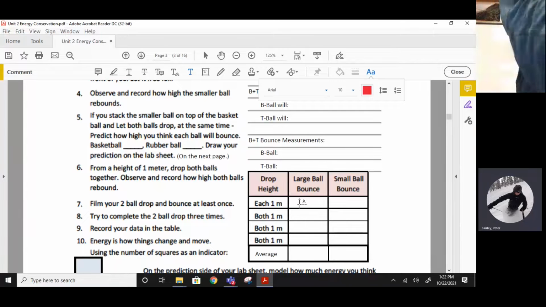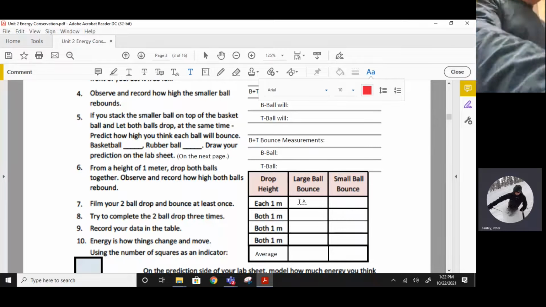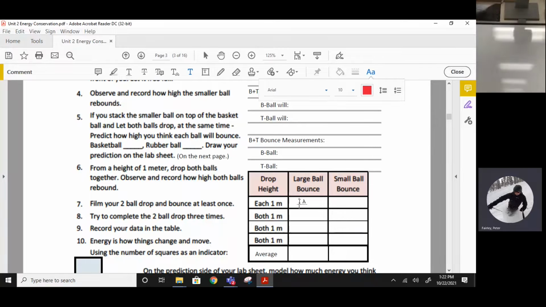The tricky part was, like I just showed you, sometimes this ball went off to the side. What we really wanted was for it to go straight up. So we did it multiple times, maybe 10 times, and then we took the 3 best measurements to record in this data table here. So let's go ahead and work on the data table.